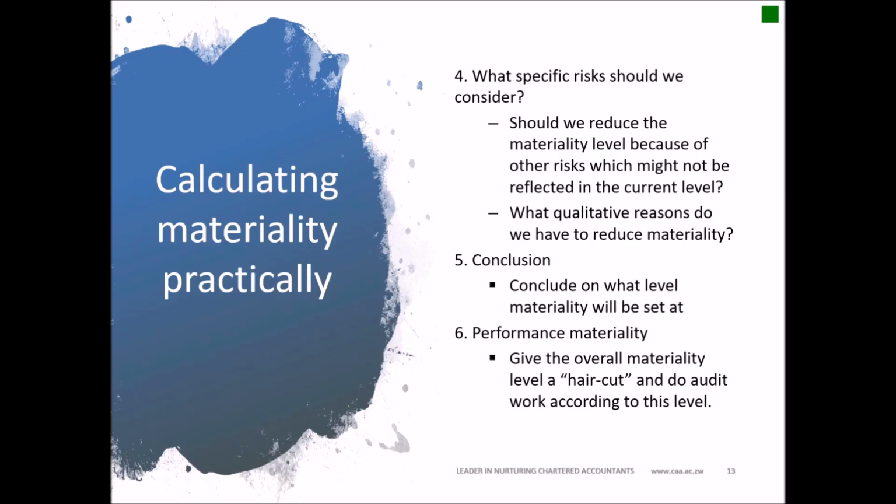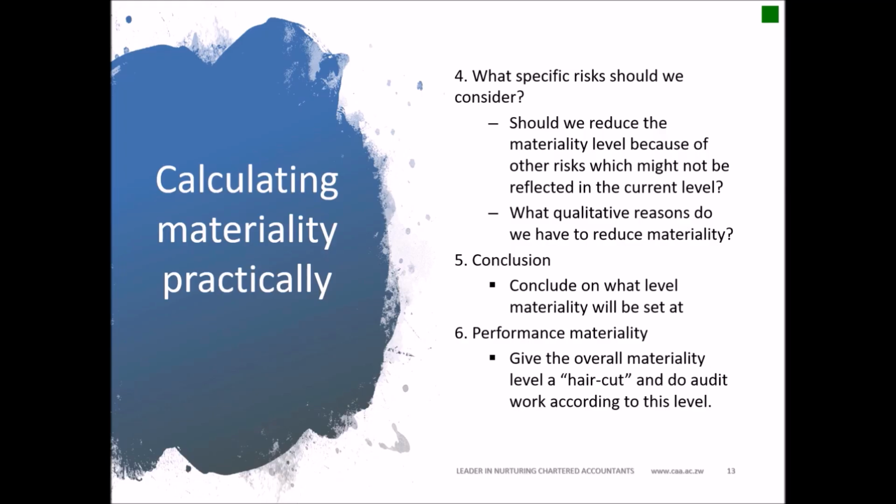What specific risks should we consider? Should we reduce the materiality level because other risks which might not be reflected in the current levels are within the particular entity? What qualitative reasons do we have to reduce materiality? I have done my calculation and my materiality for entity X is set at 10,000.